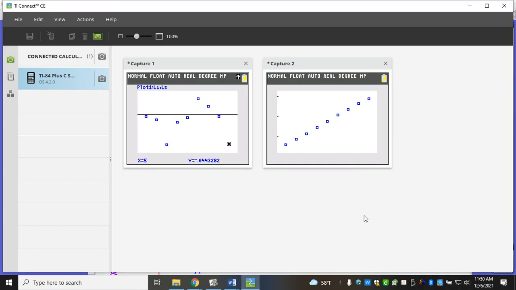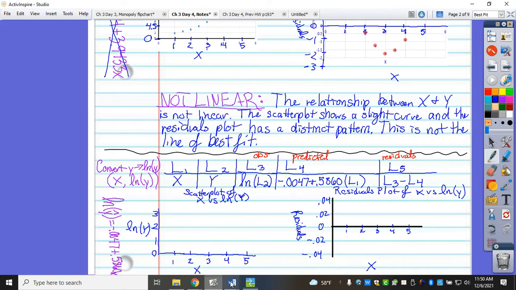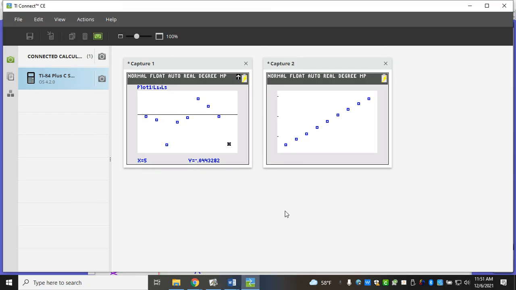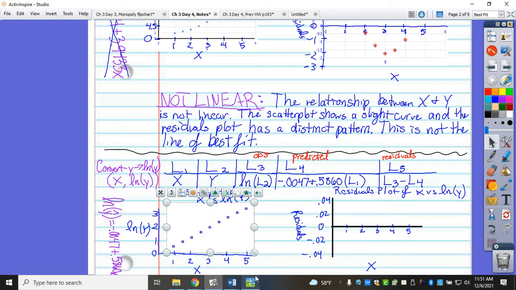You do it, right? Yeah. I did L3 minus L4. Here's something like this. Relatively small.